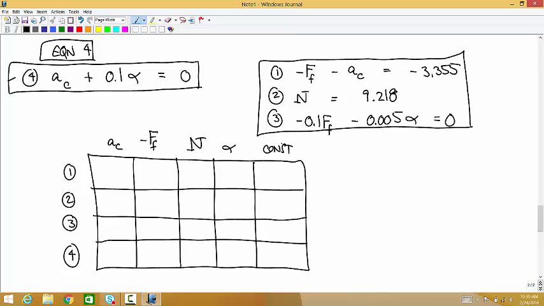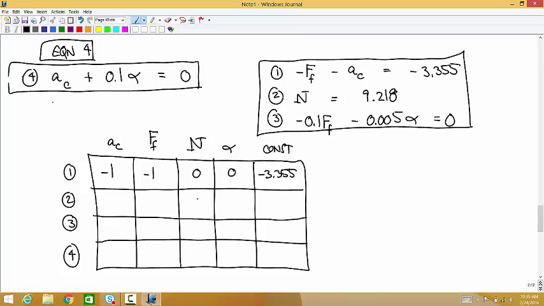Doesn't matter what order you do it in. Okay, so equation 1, this should not say negative. Okay, so FFs, we have negative 1 of those. ACs, we have negative 1 of those. Alphas, 0, and 0, and the constant is negative 3.355.